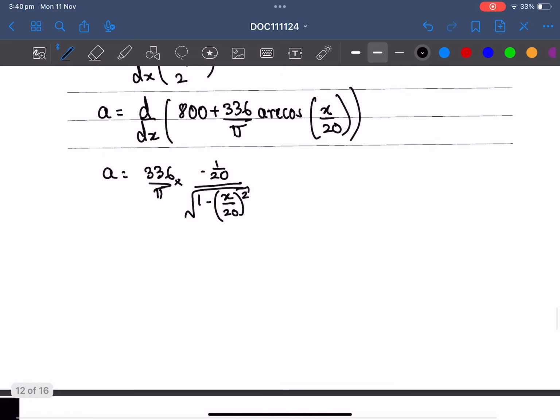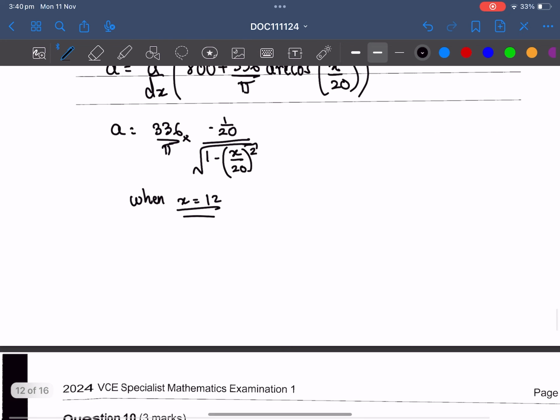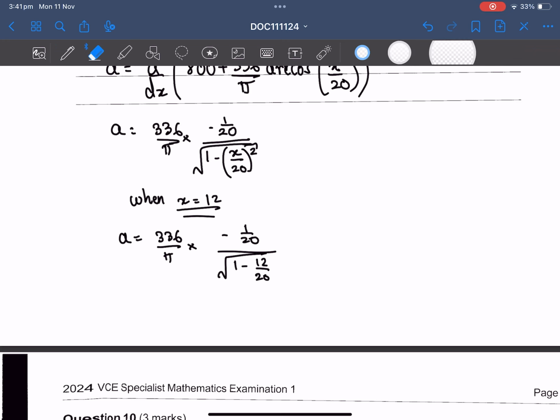Now I'm not going to bother simplifying because that again opens the possibility to make errors. So I'm just going to simply plug in that x is equal to 12. So a is equal to 336 on pi times minus 1 on 20 over the square root of 1 minus 12 on 20 whole squared, which is 4 on 5. No, 3 on 5, I mean. 3 on 5 whole squared, so 9 on 25.